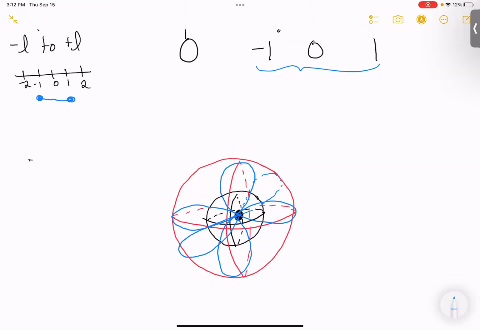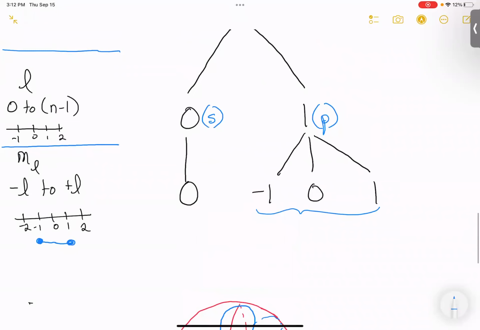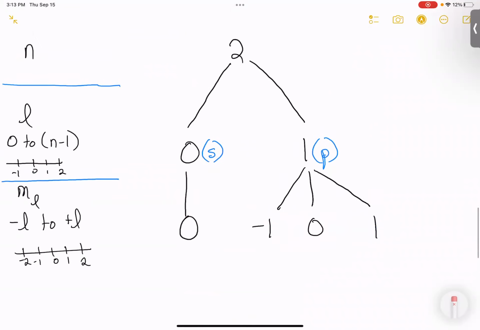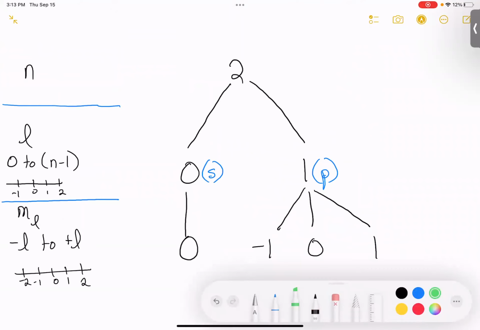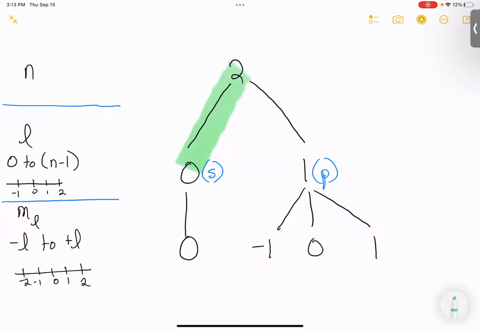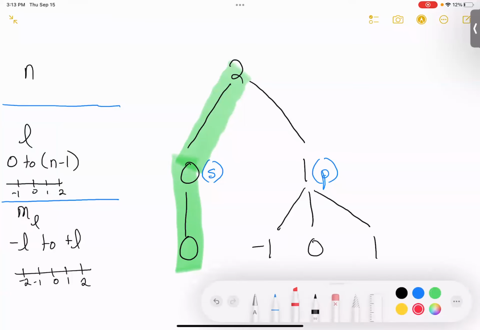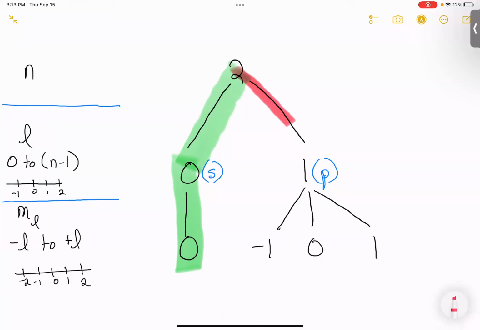Now, folks, one thing I do want to point out is if you go back, I said in order for a set of numbers to be valid, and what I meant by that is what I want to describe next. What I mean is that it has to follow one of these paths. So it can be the 2, 0, 0. What it can't do is cross trees.